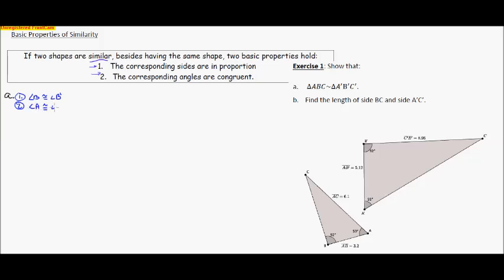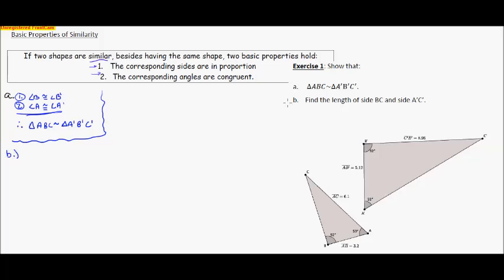As soon as we have these two that are congruent, that allows us to say that the two triangles ABC and A prime, B prime, C prime are in fact similar. So that is part A, and again, that we have done before.